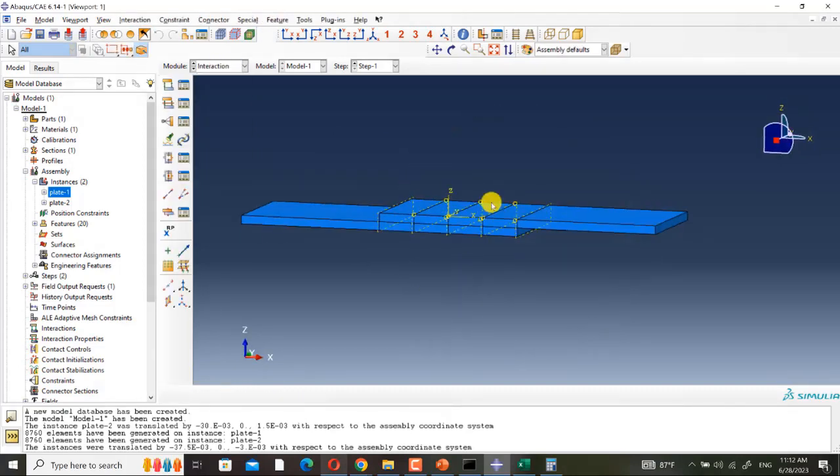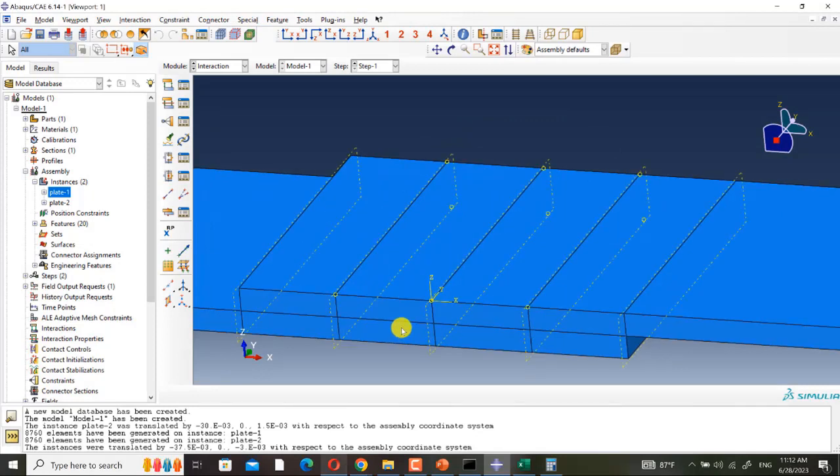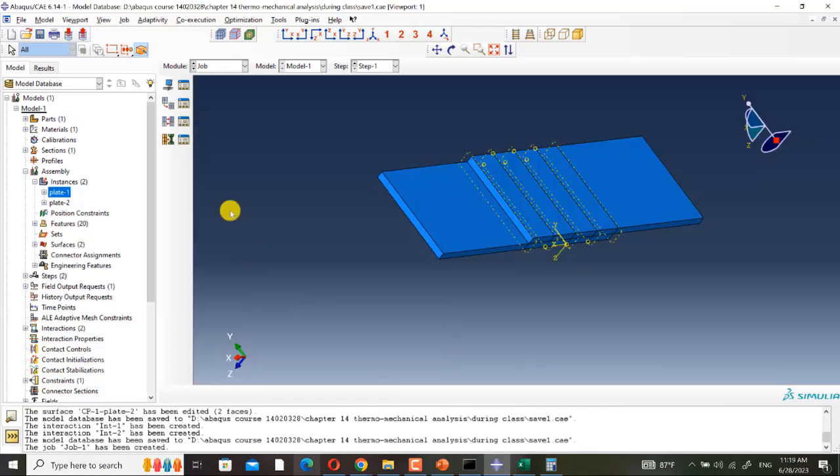In the interaction, notice that when the laser moves, for example, these regions are welded to each other, but these regions are not. And I must write the subroutine. Why?